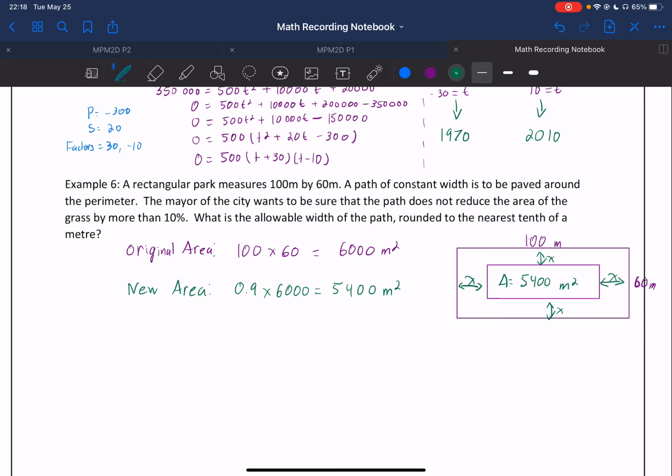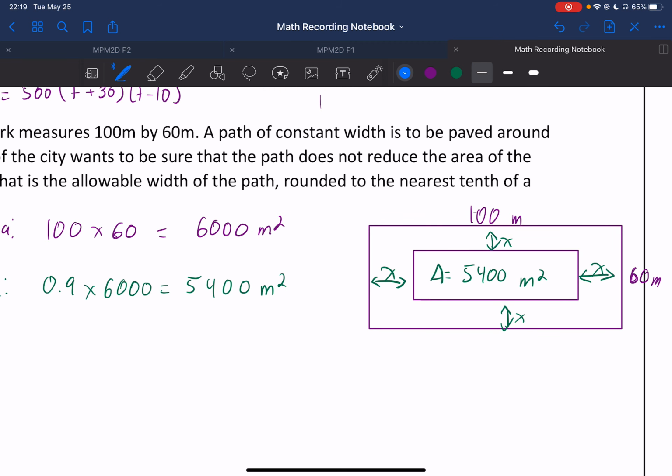All right. So if we're looking at this, we could start to label some of the information. The length right from here to here is the 100 meters take away 2 of these x's, because this is going to be taken away.